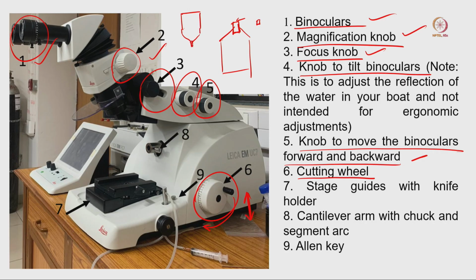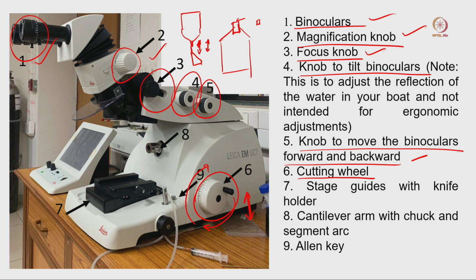There will be a glass knife, so your sample will stay like this, and the glass knife is going to cut this particular area. As this wheel rotates like that, the sample will keep going up and down, and then you will get a small section of the cell.